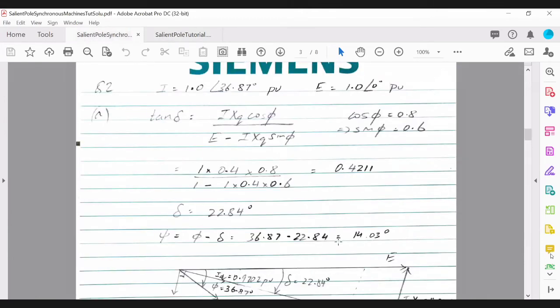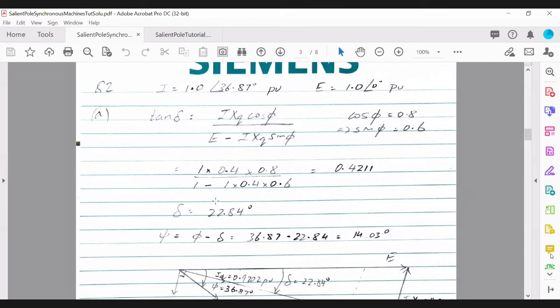Right. So from your notes, for a lagging power factor motor, we've derived this equation. Tan delta is I xq cos of phi over E minus I xq sine phi. So from the data provided, we can determine what is cos of phi and sine of phi. And also we've been given the q-axis reactances. So we can substitute and get what is the angle delta for this machine.